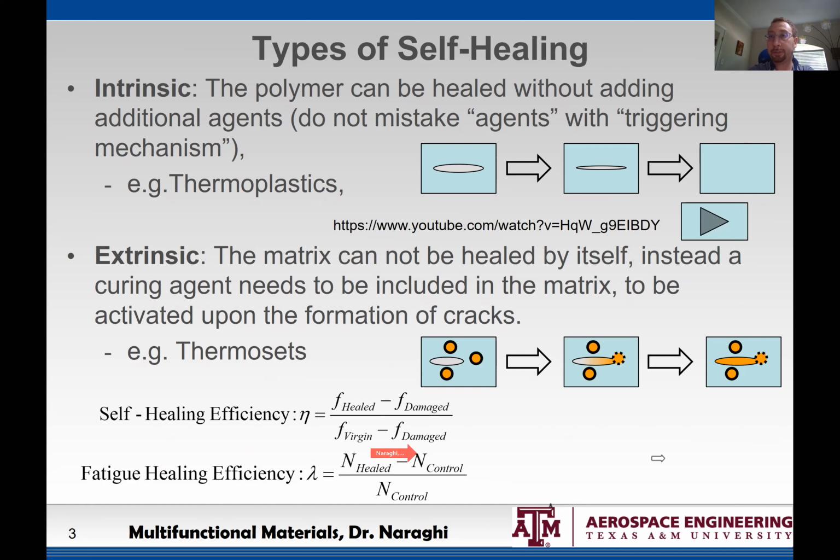In fact, the fatigue efficiency will be 0. And in the ideal case, you can recover all the performance back. So I am going to stop this video, and we are going to continue on the intrinsic self-healing.